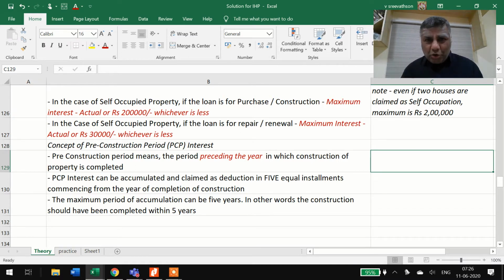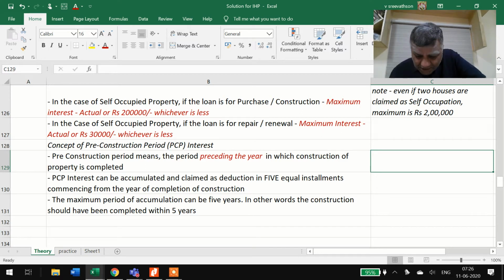1/4/2020 to 31/3, in the date, today's date falls in the year 2021. So pre-construction period means from the beginning to 31/3/2020, not 10/6/2020. It is not preceding the date of completion of construction, it is preceding the year.